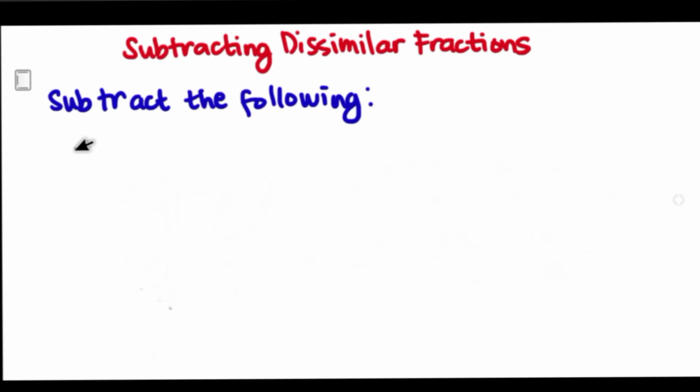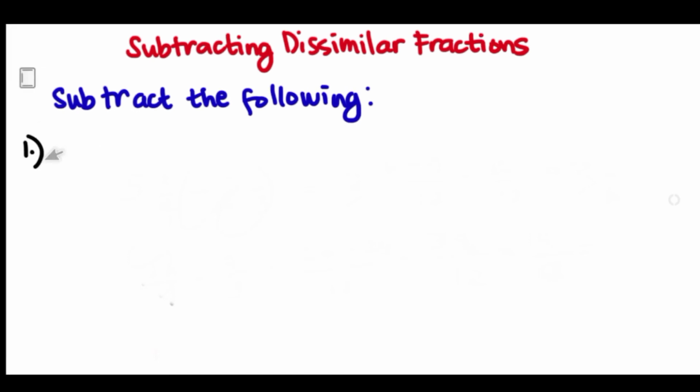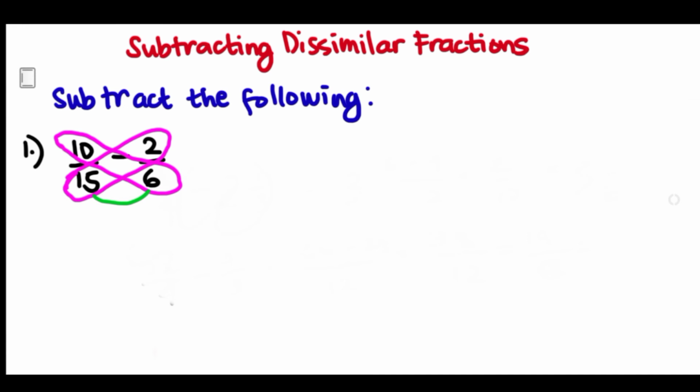Yung sunod naman natin gagawin is we will subtract dissimilar fractions. So, let's subtract the following. Number 1, 10 over 15 minus 2 over 6. So, using the butterfly method, multiply na natin yung mga nasa wings.